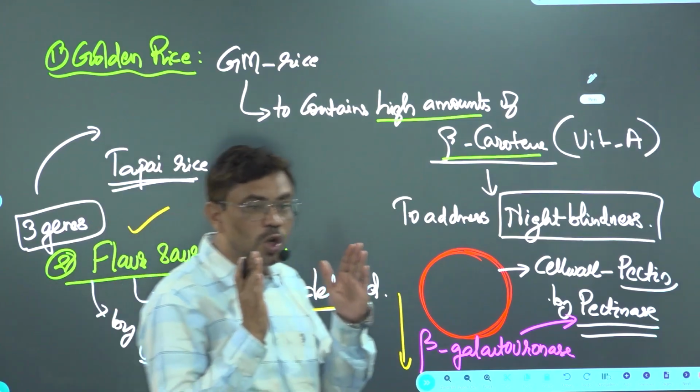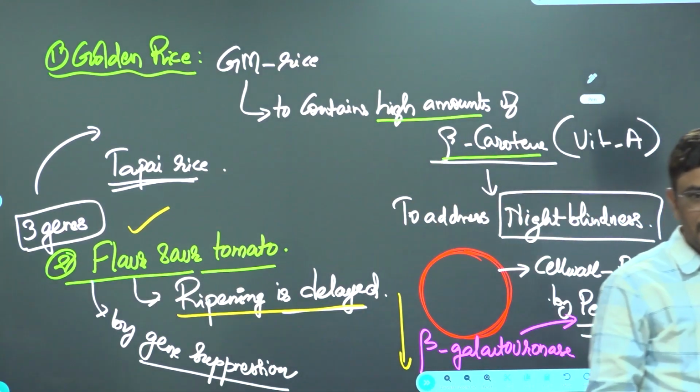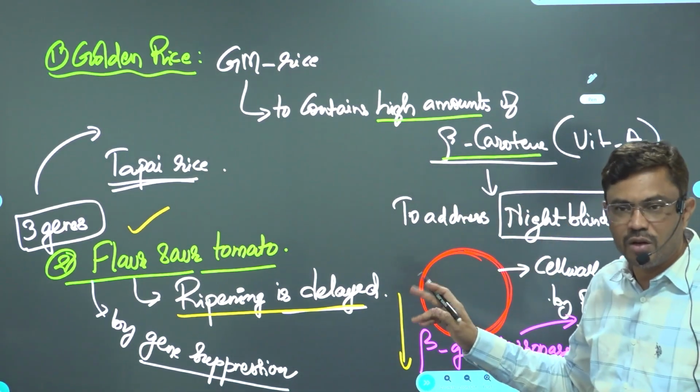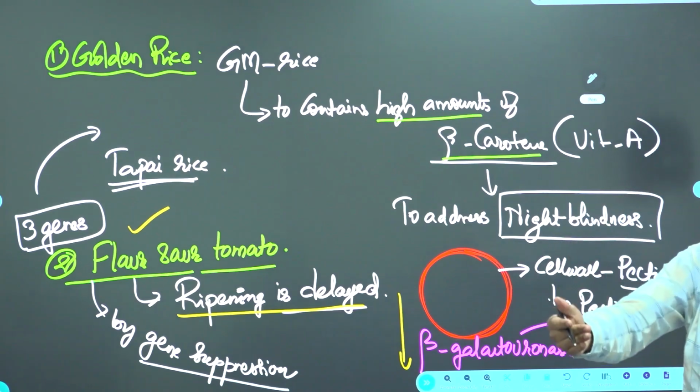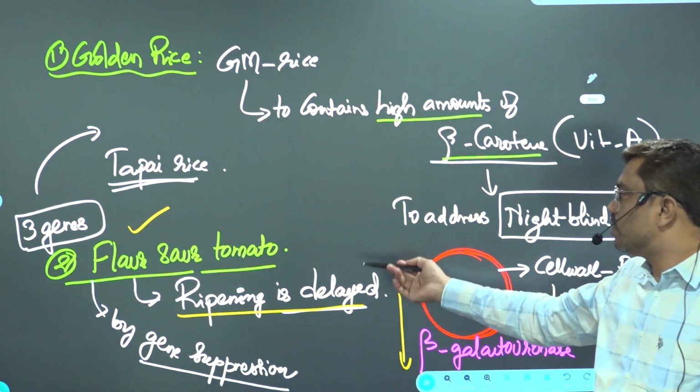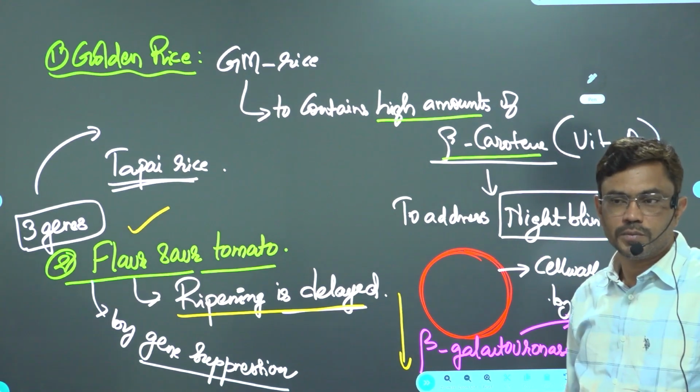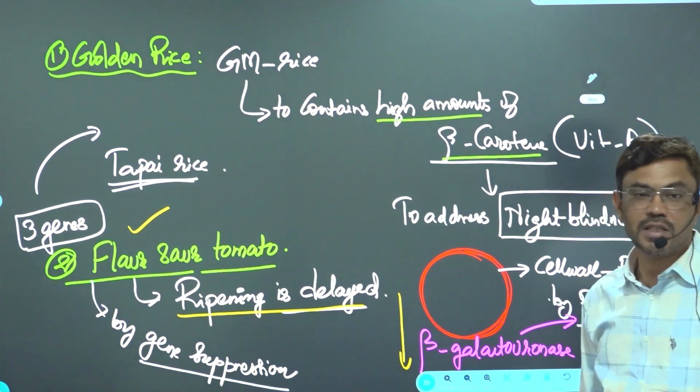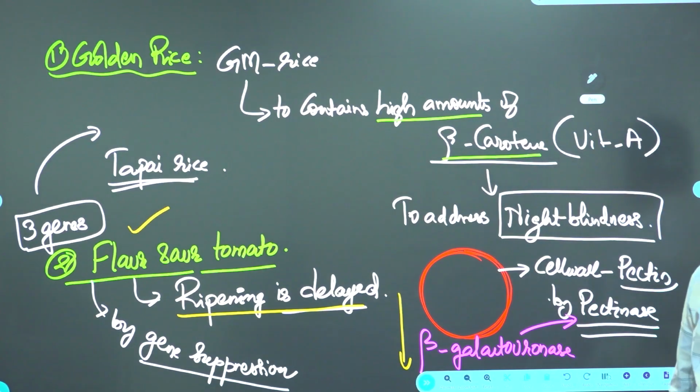In order to store for a longer time, in order to transport for longer distances, we have developed this flavr savr tomato, right? This is a flavr savr tomato. Another one is BT cotton.